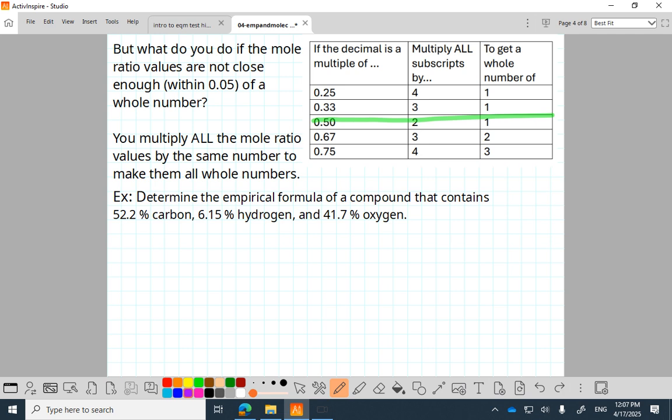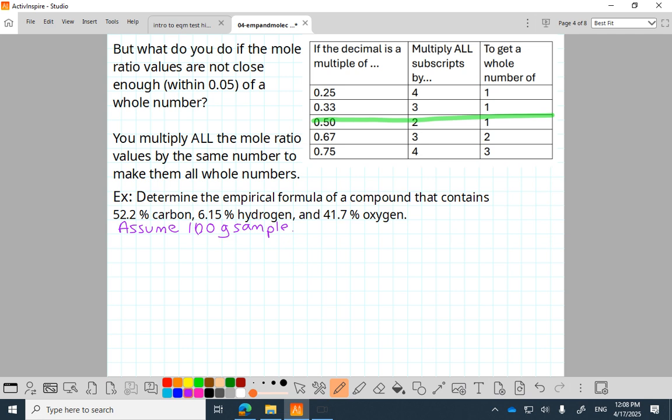So let's do this example here, but we're going to do the same thing. Most of the time, we just go in order that you're given. So in this case, I went CHO instead of HCO.